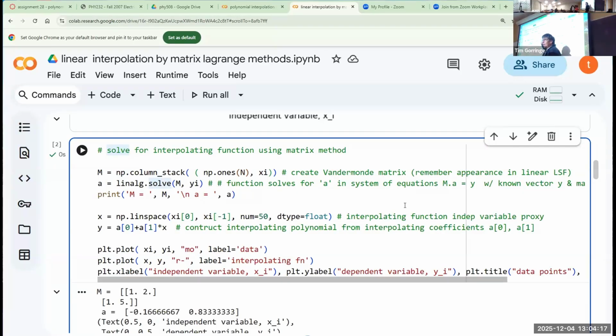I think we used this column stacking before when I previously made the Vandermonde matrix in the fitting case.